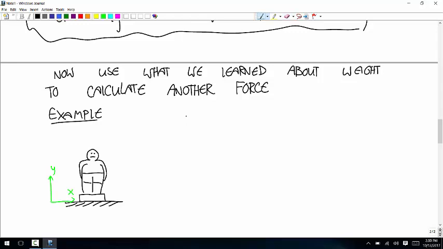And we're going to calculate the force applied to the person's feet by the scale.